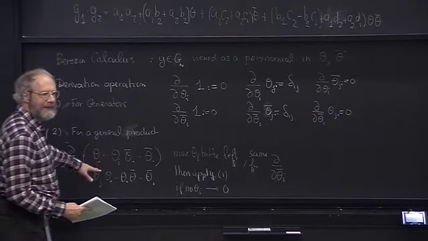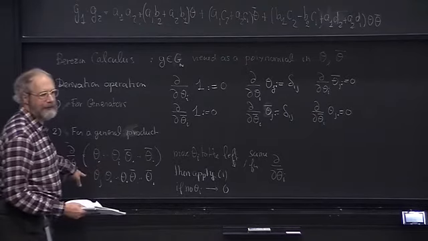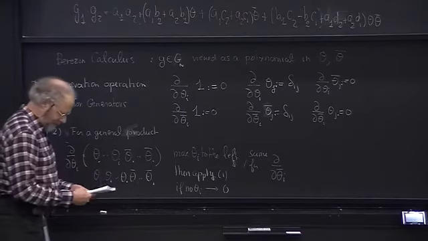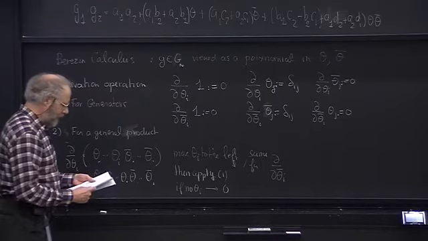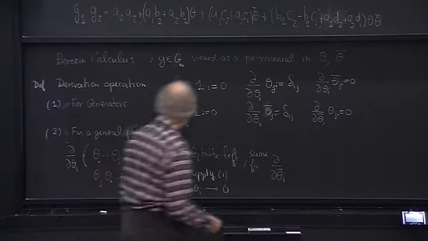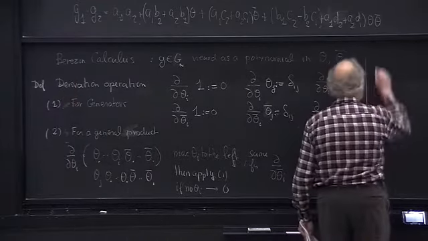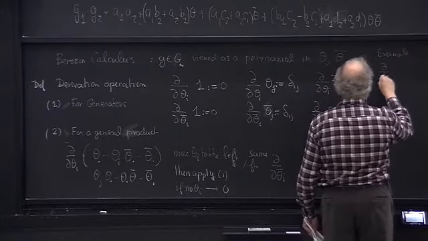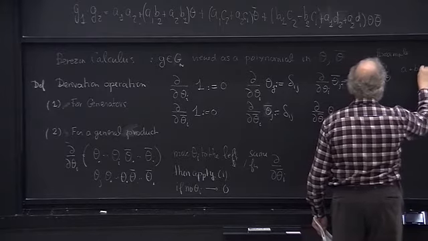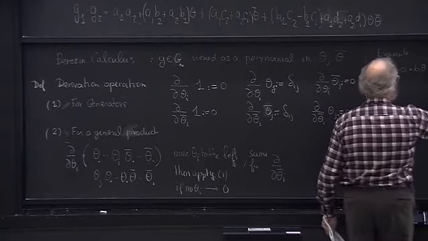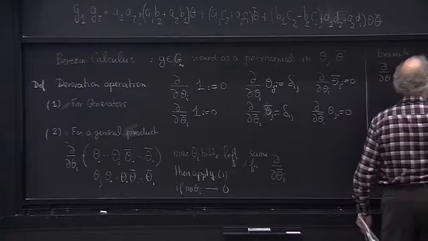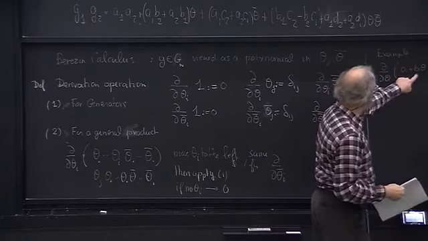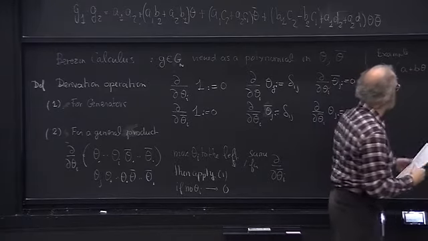You just get signs. The only difference with derivation for real or complex numbers is going to be signs. Okay? So, example, application: d over d theta of A plus B theta plus C theta bar plus D theta theta bar. This gives 0, this gives B, this gives 0, and this gives D theta bar.